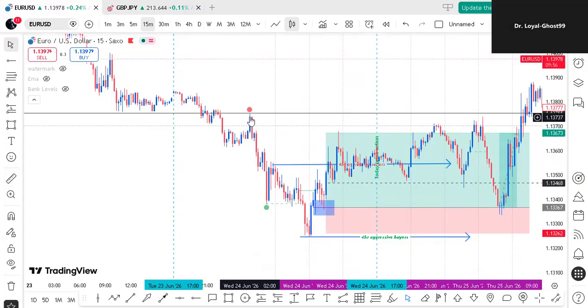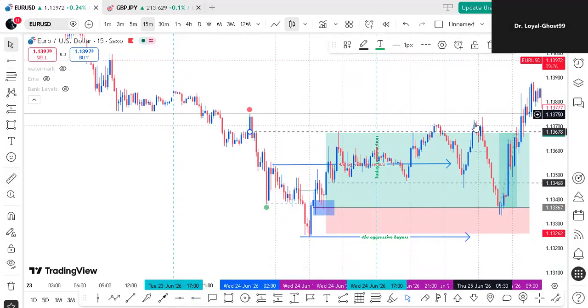This was the impulsive move we had before, and the supply zone right here. In case price breaks out of our range, it comes back and reacts at this supply zone, as we see right here.